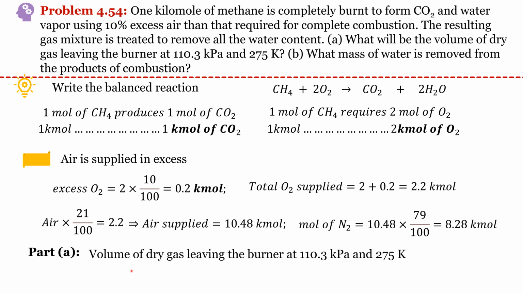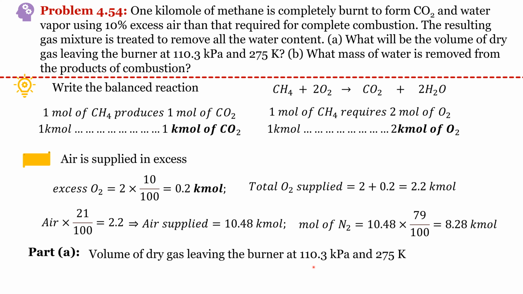So in part A, we need the volume of dry gas leaving the burner at a particular pressure and temperature. In the case of dry gas, we will not consider the moles of H2O. We need to find the moles of the dry gas leaving the burner.